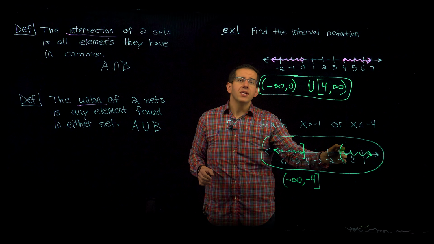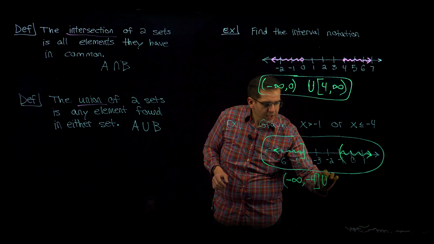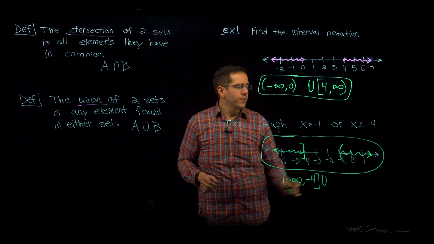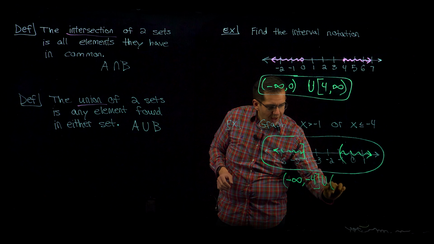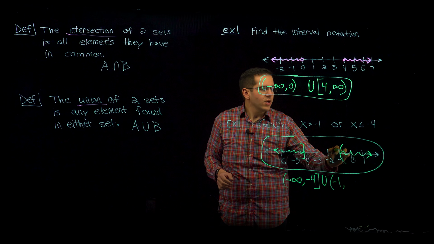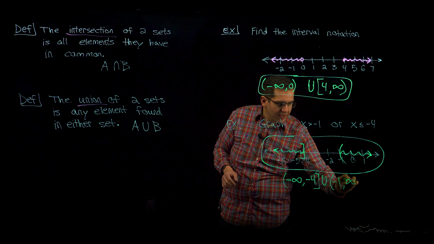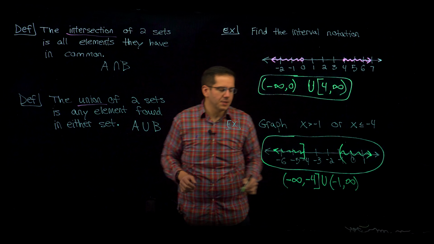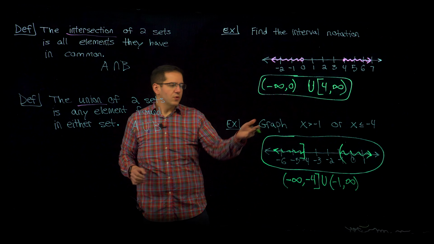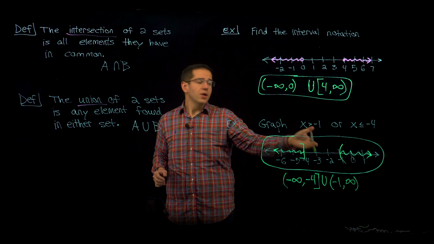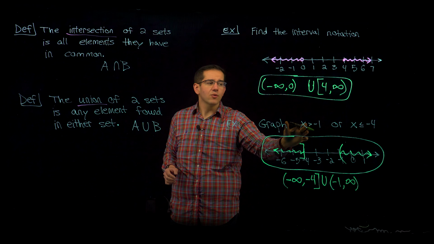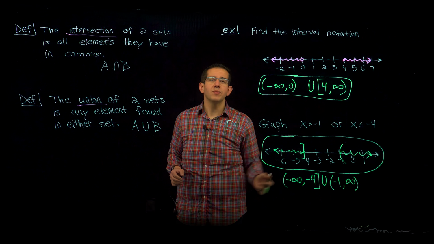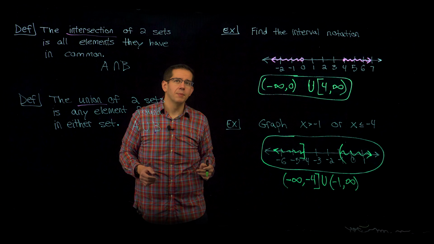We're picking up with another interval, so we use the union symbol. And now we have -1 has a parenthesis around it, and we go until positive infinity, which gets a parenthesis. So negative infinity to -4 union -1 to positive infinity is the same thing as x being greater than -1 or x being less than or equal to -4.